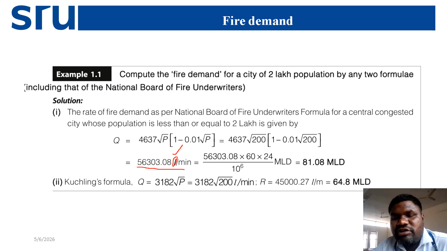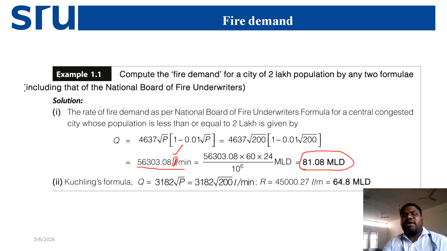So we multiply with 60 minutes, 24 hours, and divide by 10 power 6. It will give the MLD. The calculated value will be 81.08 MLD.